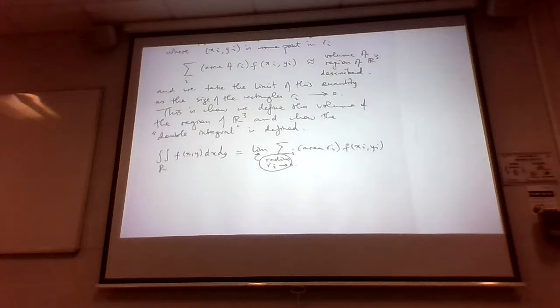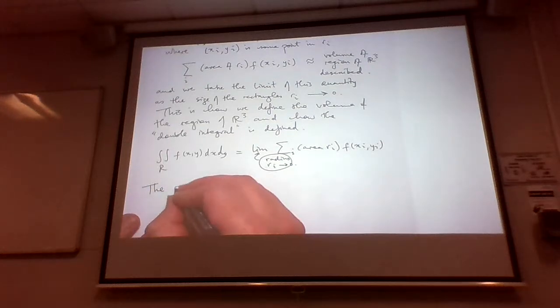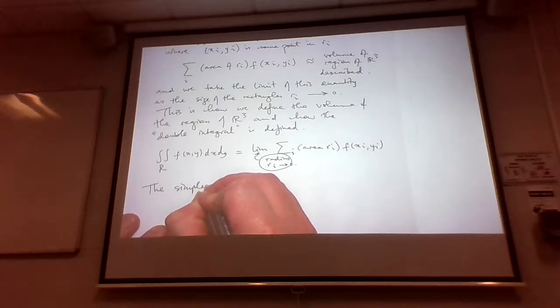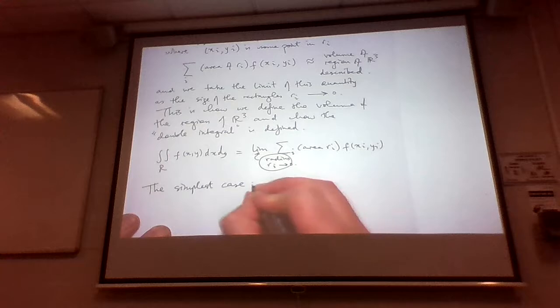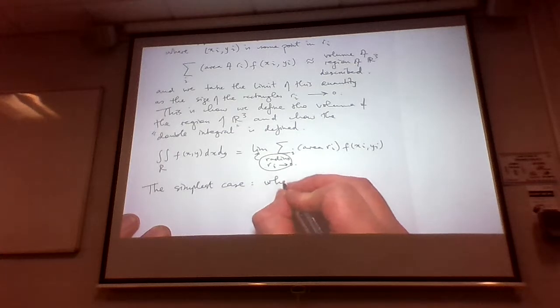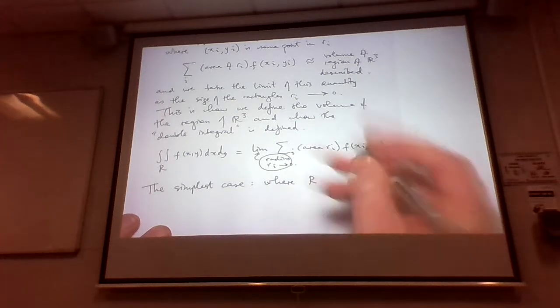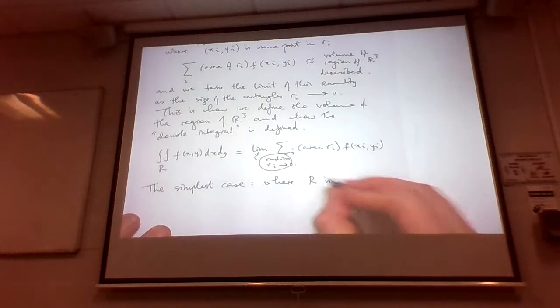Okay, so that's a general sketch of the construction of these things. What we're seeing in section 1.4 here is an example of the simplest case. This is where the region R we're talking about is itself a rectangle.